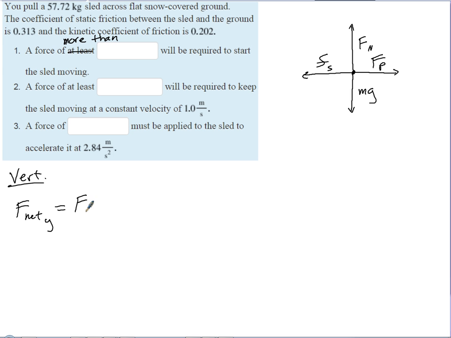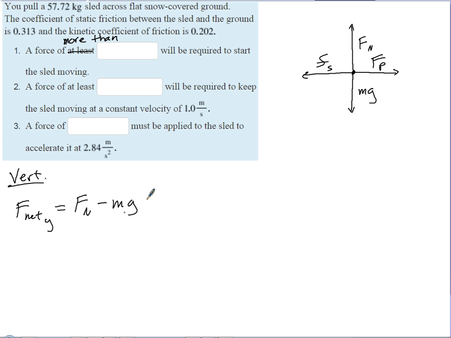Okay, normal force minus mg, and that's all of them, right? So we have to ask ourselves, is the sled accelerating vertically? No. So what's the net force vertically then? Zero, because net force, by Newton's second law, net force equals ma, and a must be zero, right?